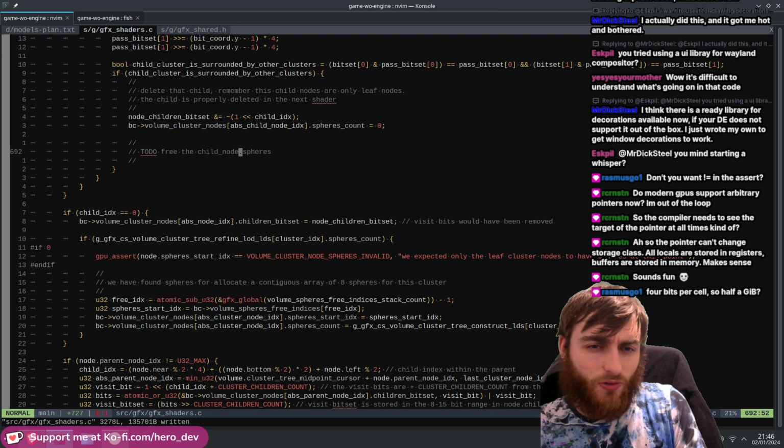That's what's going to take most of the space, but ideally you need to free up this node as well.